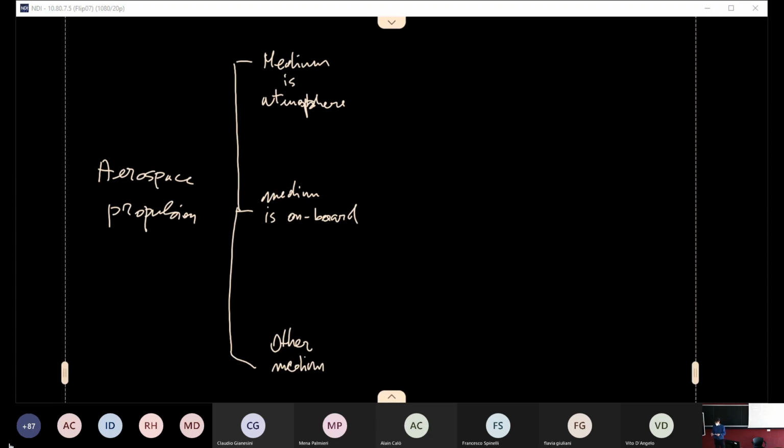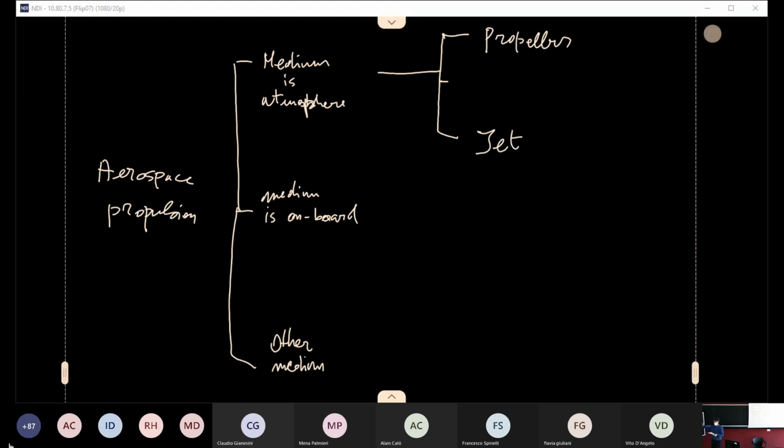So if medium is the atmosphere, here we can identify again three options. We have engines based on propellers. Then we have engines based on jet propulsion. So let's call it jet.